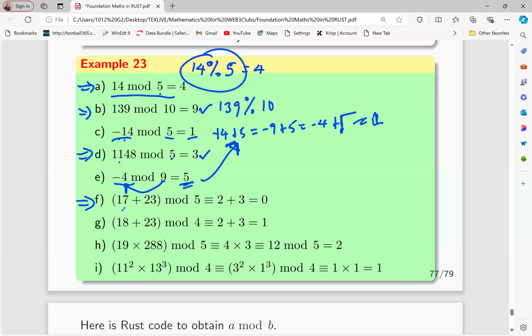It can do question G if you modify it the way I've talked here, and then it can also do question C and question E. And then from there, we look at a different code to do question H and I. Let me just go through the Rust code that does A to G.